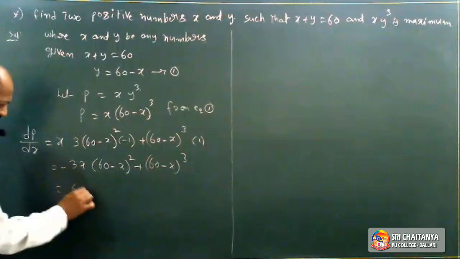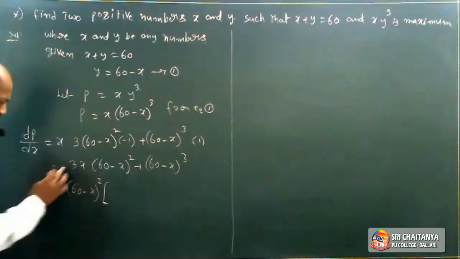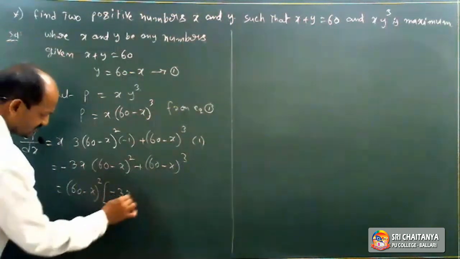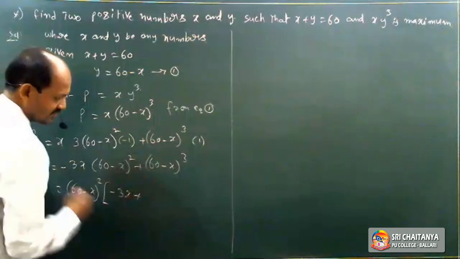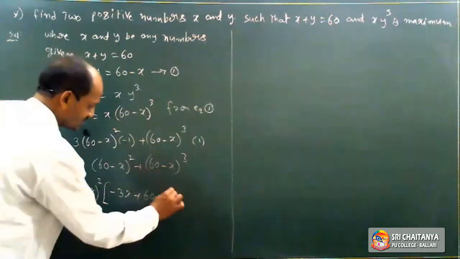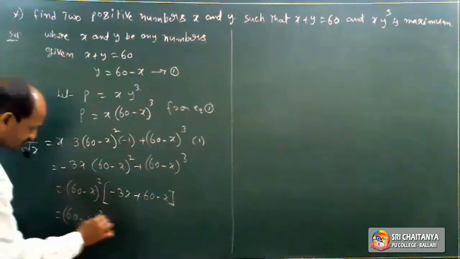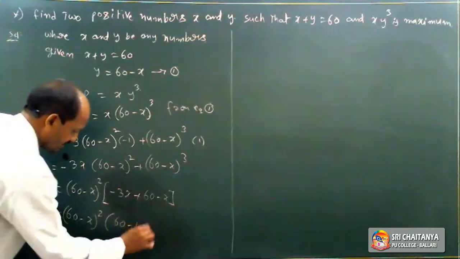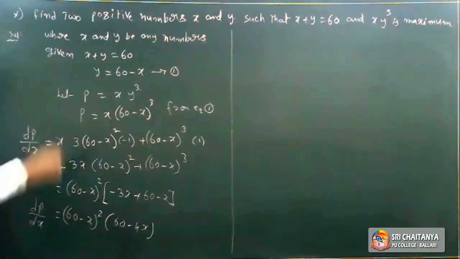So 60 minus x whole square is the common term, and the remaining is 60 minus x. So it is 60 minus x whole square into 60 minus 4x. It is only the first order derivative.